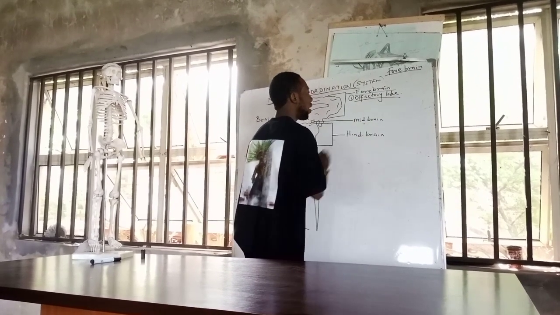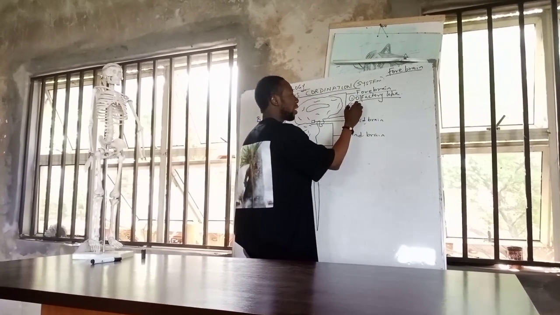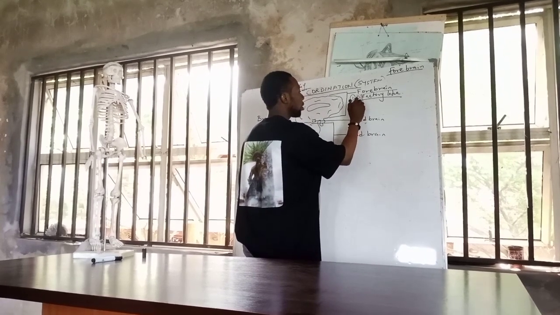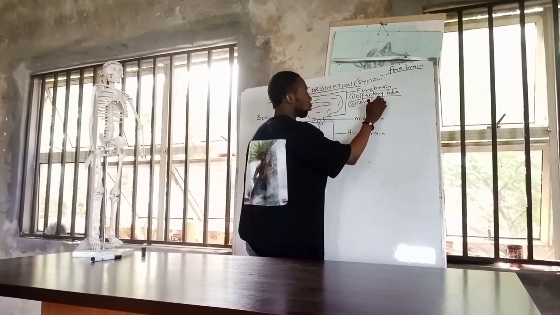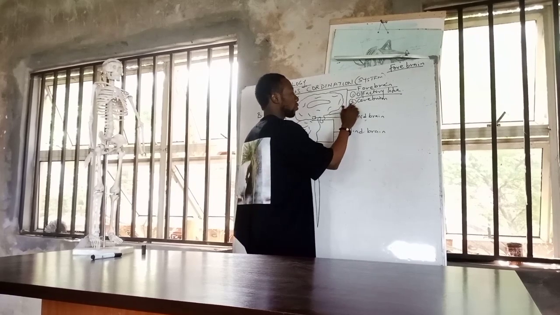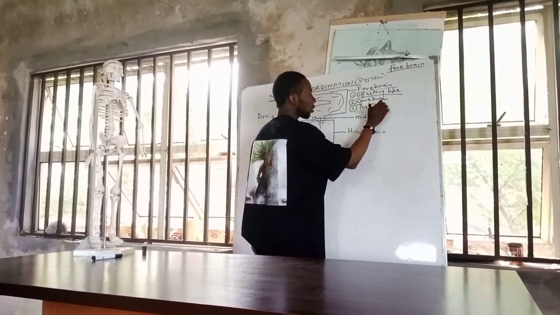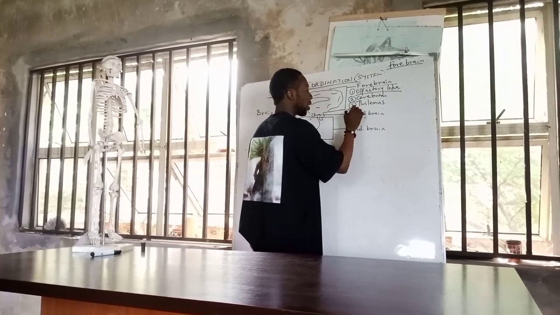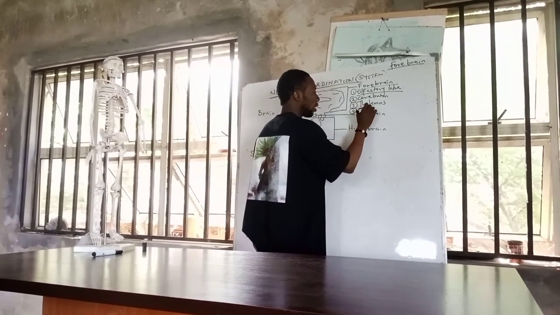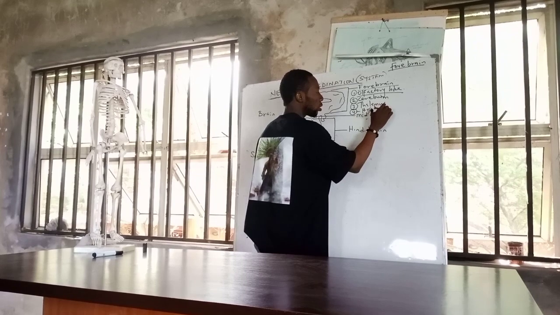Secondly, we have the cerebrum. Thirdly, we have the thalamus. Fourth, we have the hypothalamus.